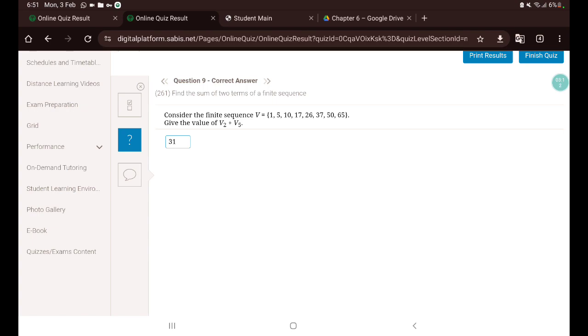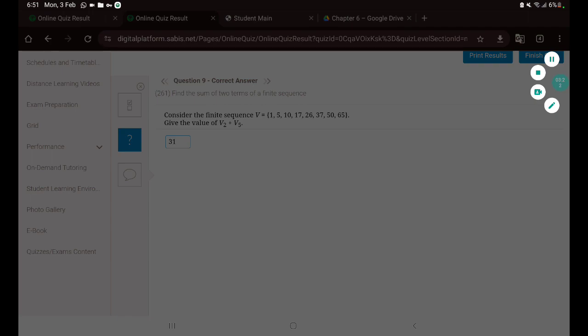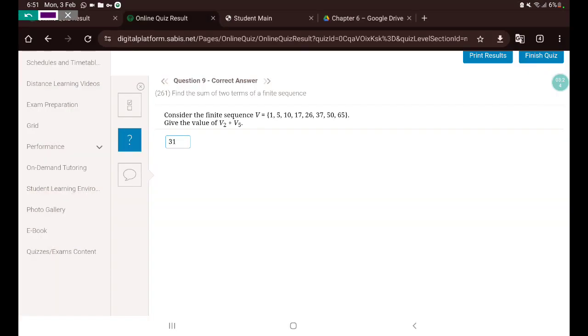For this one, it's quite simple. There's no rule to it, but here it's an infinite sequence. Basically, they gave you v1 till v8: 1, 2, 3, 4, 5, 6, 7, 8. Basically, I think you guys get what I mean.